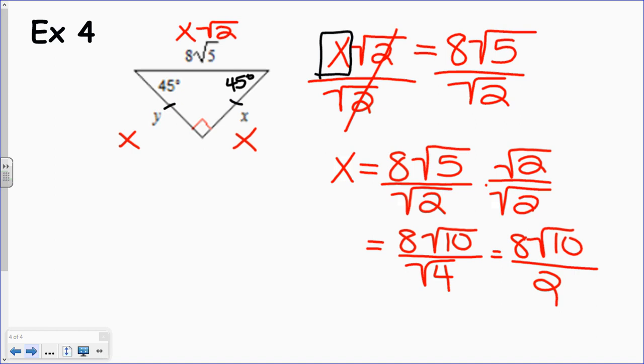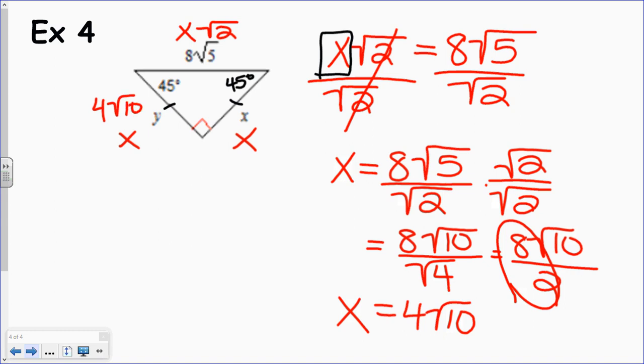Now in this case, we can reduce the fraction, so that becomes 4 root 10. So now we know that x is 4 times the square root of 10. So the length of the leg, y, is equal to 4 root 10, and this x value here is 4 root 10.